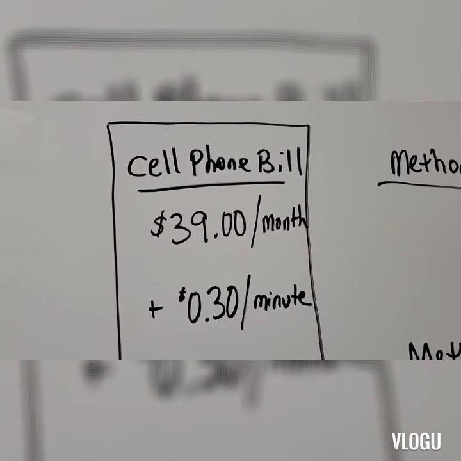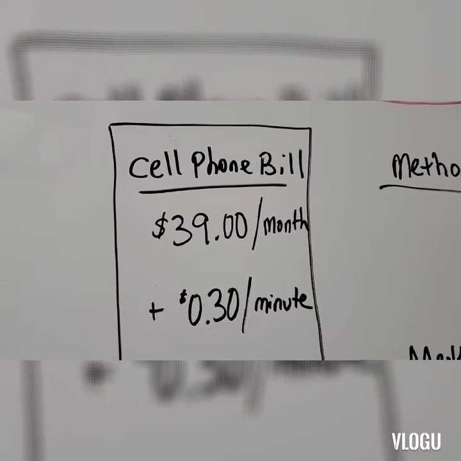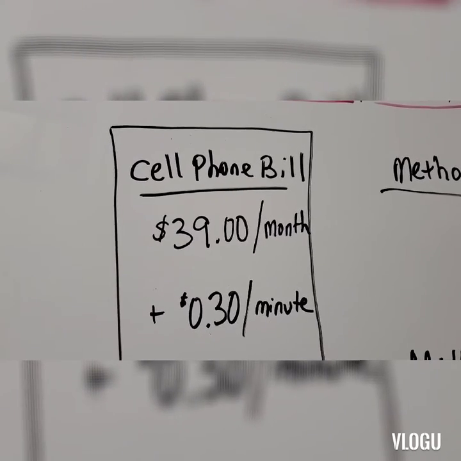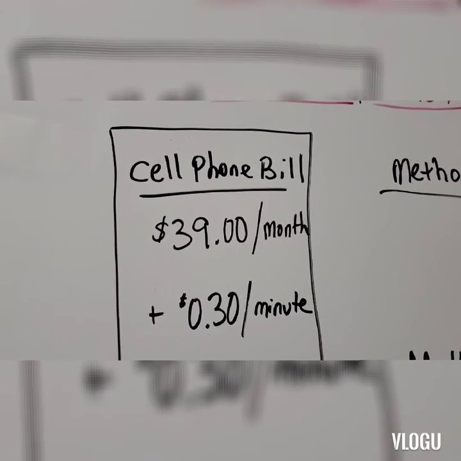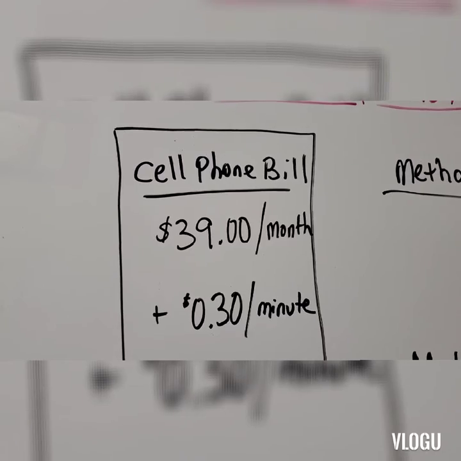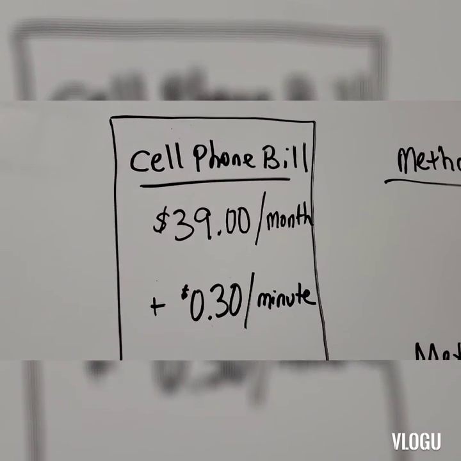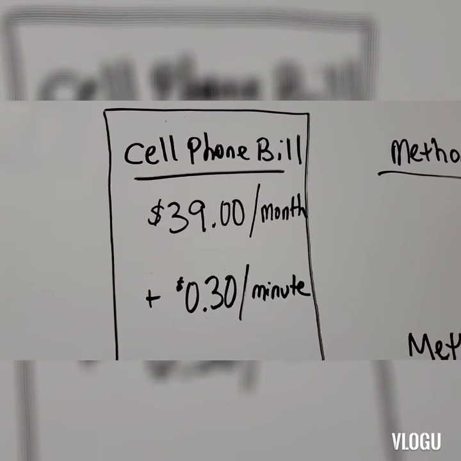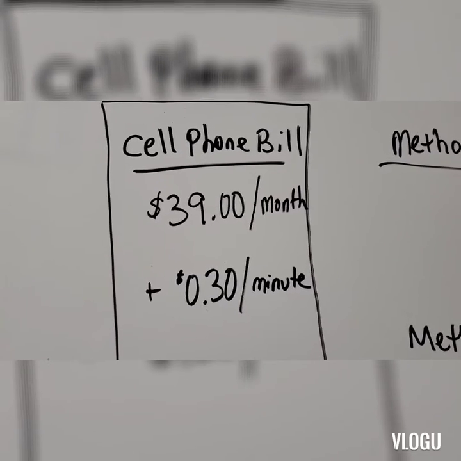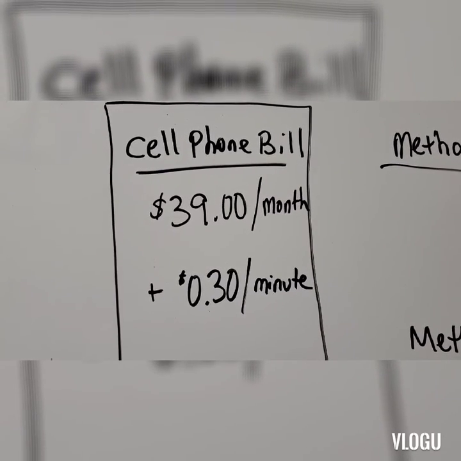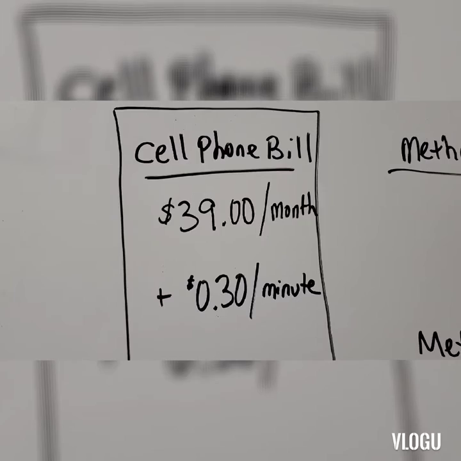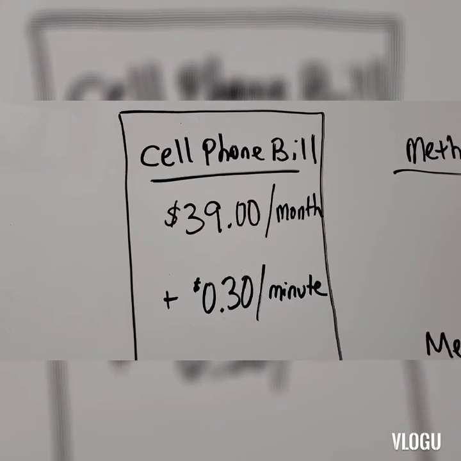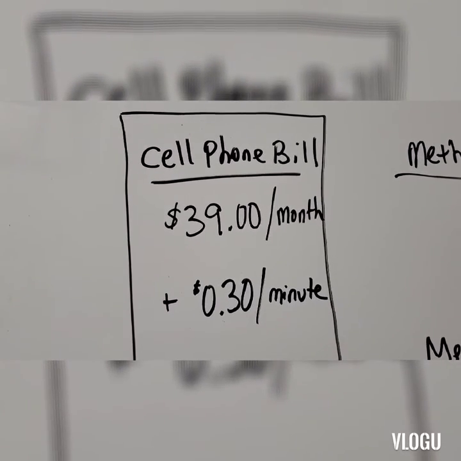It says you and your sister share cell phone service. You split or divide the bill equally, including the monthly fee of $39 plus 30 cents for each additional minute beyond your free minutes. That's what it says.